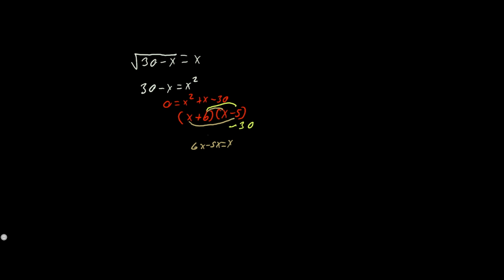And x times x is simply x squared. So we see that our factor is true and satisfies our original equation. So let's go ahead and now set everything equal to 0, where we end up getting x is equal to negative 6, and x is equal to 5.